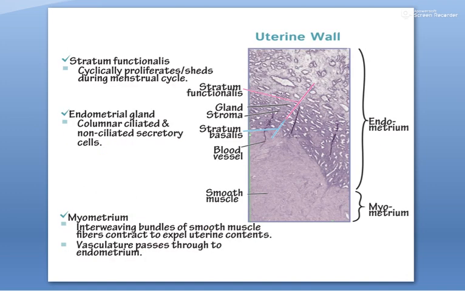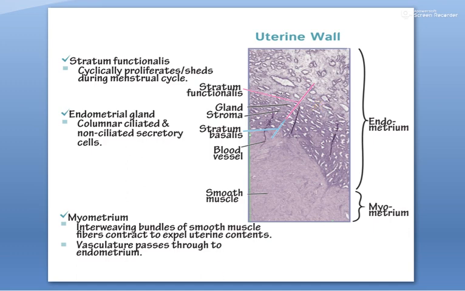When we see the histology of the uterus, you can see these structures, that is, the uterine wall structure, and it consists of the endometrium, myometrium, and peritoneum. In the case of the endometrium, it is a thick layer compared to the myometrium, and it also consists of lots of things.